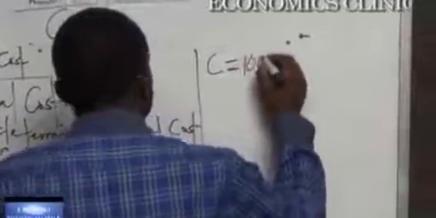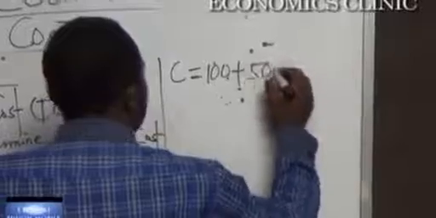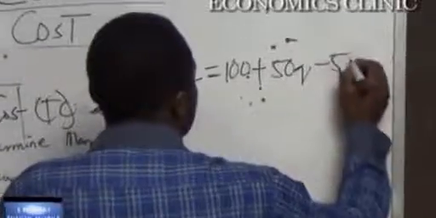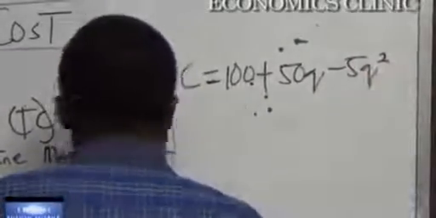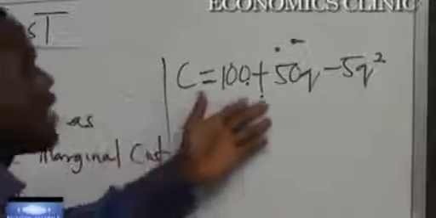For the second question, where we have C, that is cost, equals to 100 plus 50Q minus 5Q square. We apply differentiation. And in applying differentiation, we have 100 here to be equals to 0.